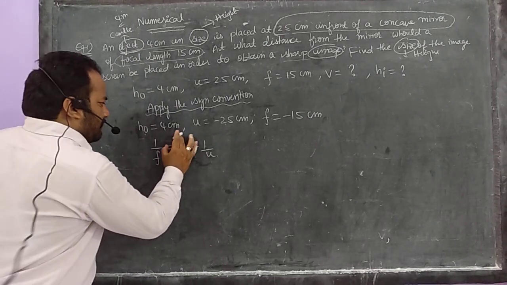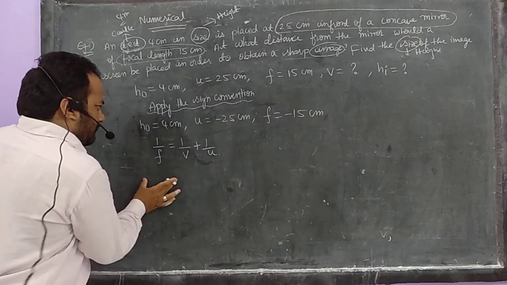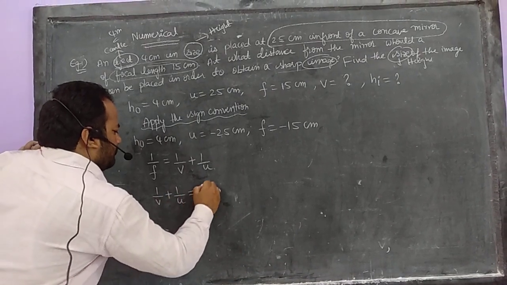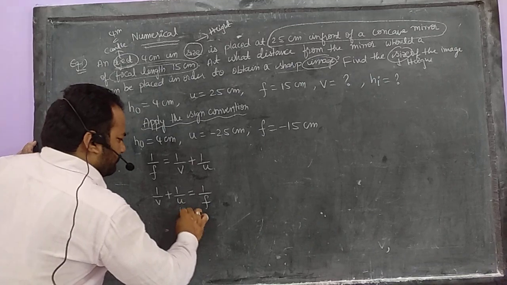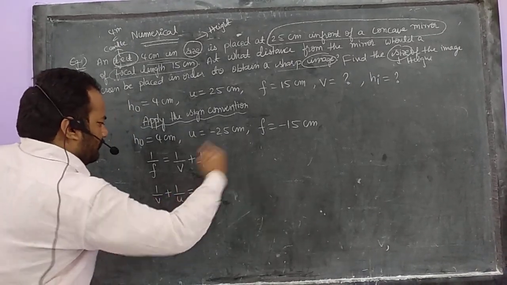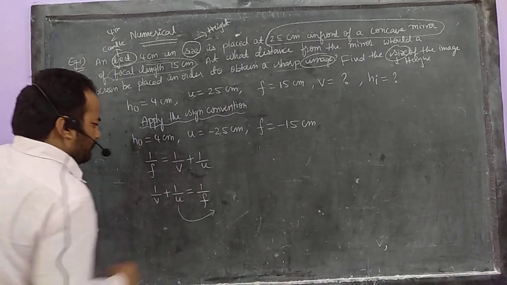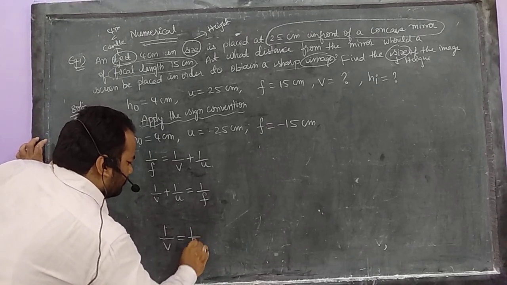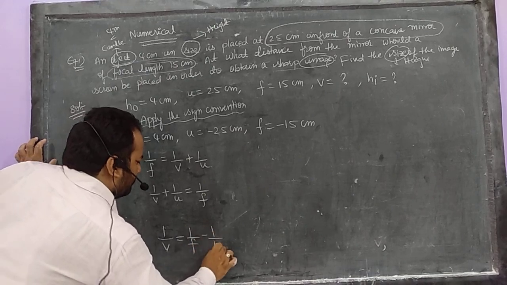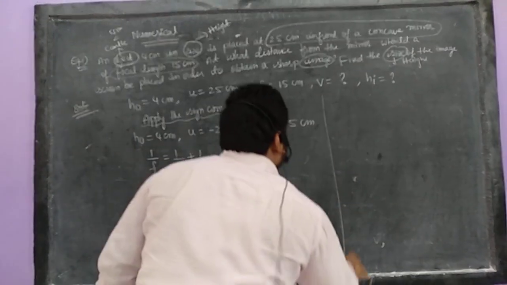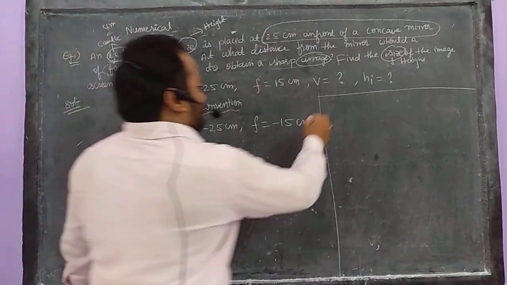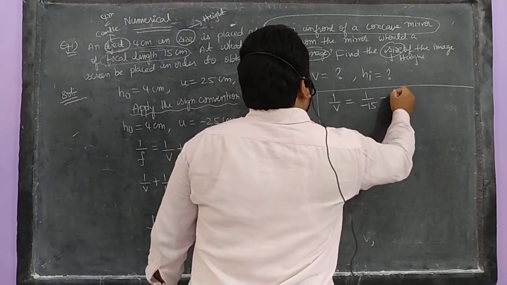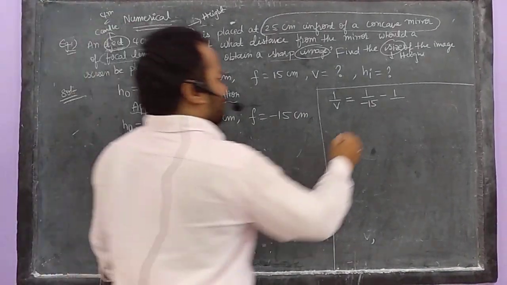You want the value of V, so 1 by V is equal to 1 by F minus 1 by U. F is minus 15 and U is minus 25.